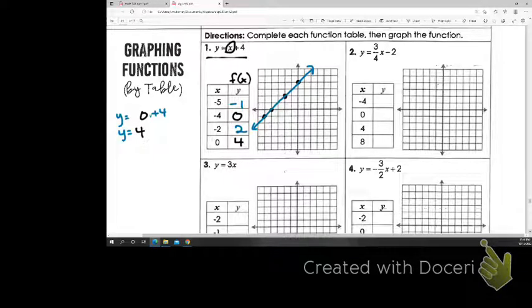So, for instance, 3 1/2, well, that's off the graph. So if I said, if x is 1/2, the y is 4 1/2. It would be way up here.